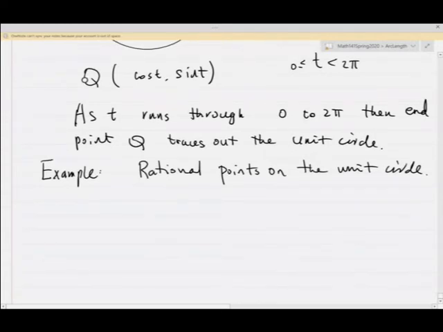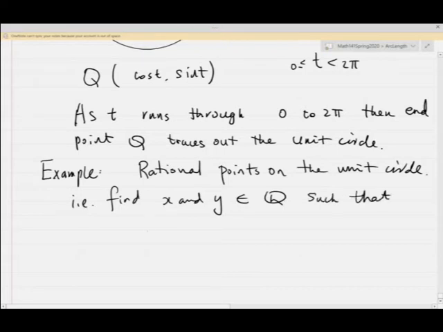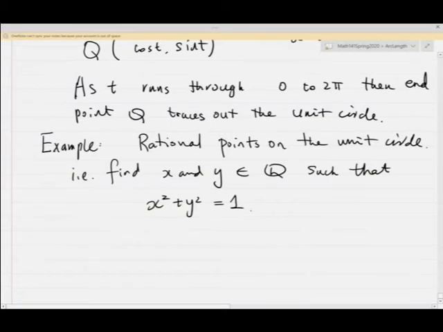That is, find x and y in the field of rational numbers such that x squared plus y squared is 1. How do we work out this example?